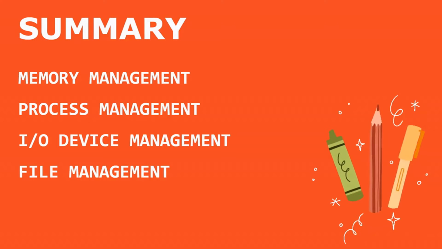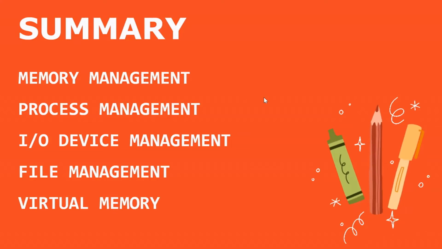Also, the operating system safeguards our files from unauthorized access. And the last one is virtual memory. In this, the operating system takes care of the case when the size of the process is even larger than the size of the RAM, by executing the process in chunks of small sizes.